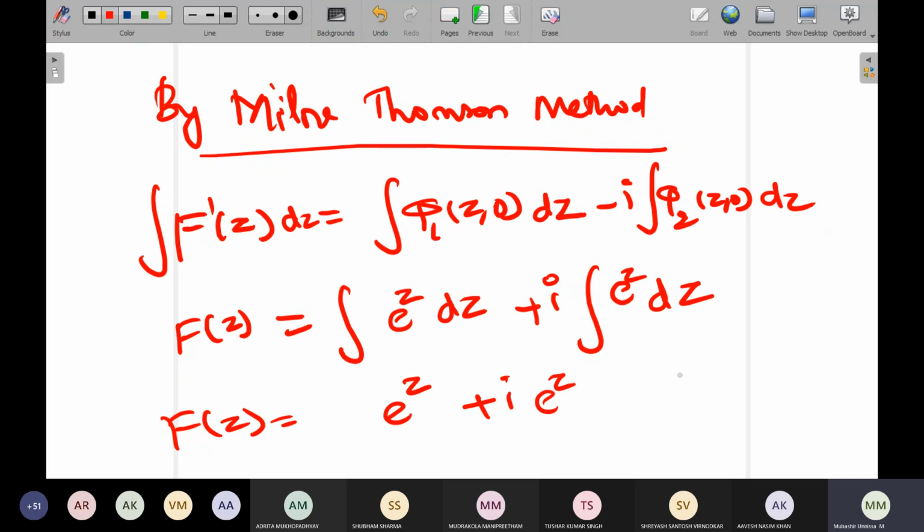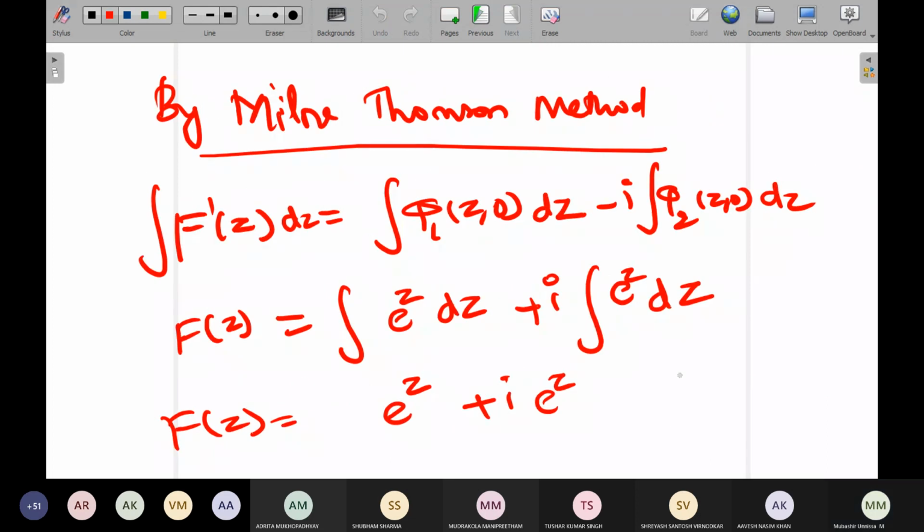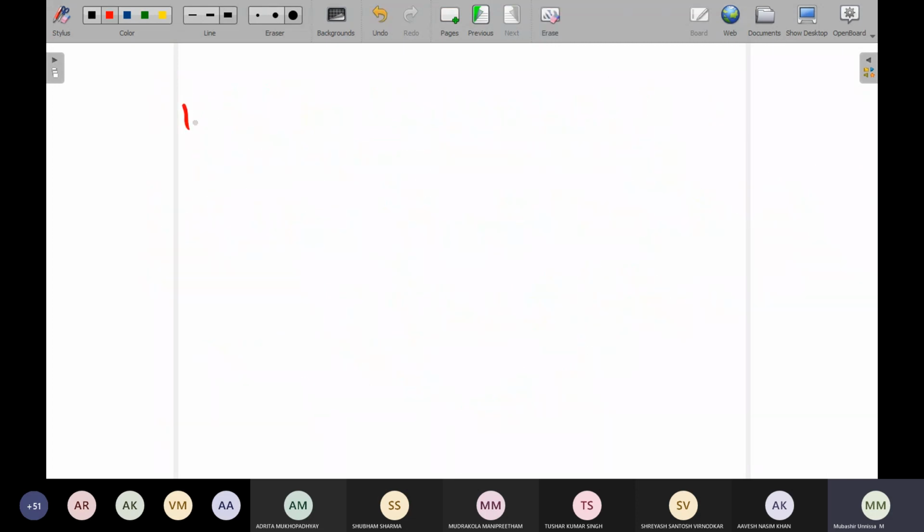Now capital F of z, you can take this as equation number 2, and this as 3. So we can replace capital F of z in terms of 1 plus i into small f of z. Now your left hand side will become 1 plus i into small f of z.